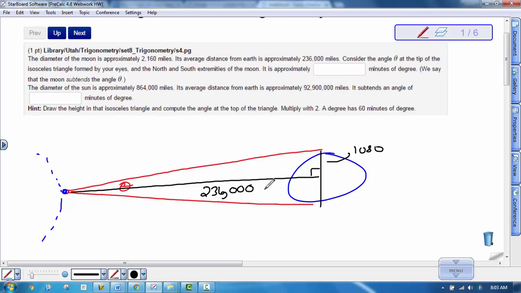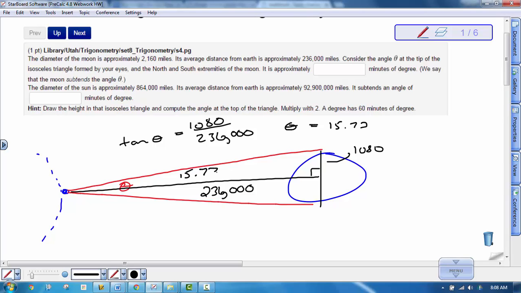Check your units, we're in miles, so that works, and we can find this angle just by doing inverse tangent. So tangent of theta equals opposite over adjacent.